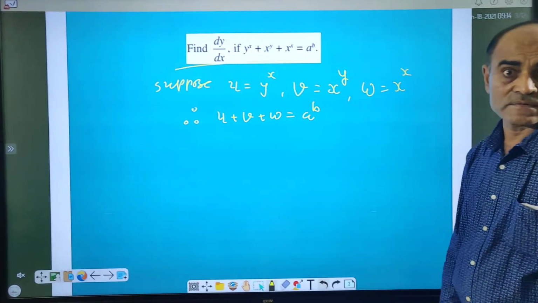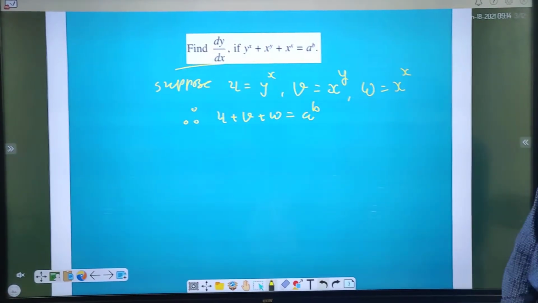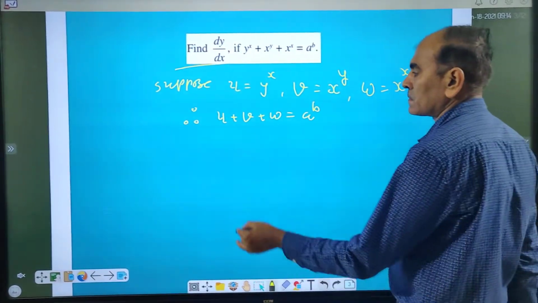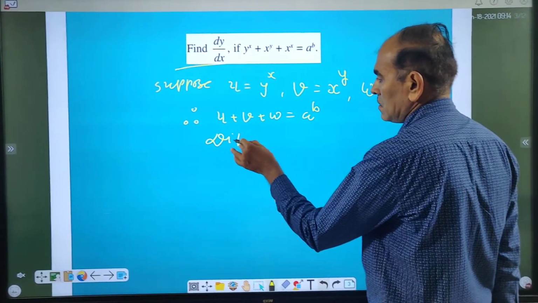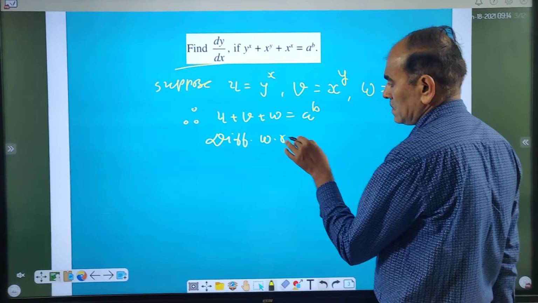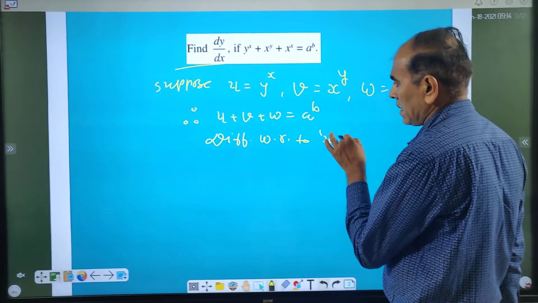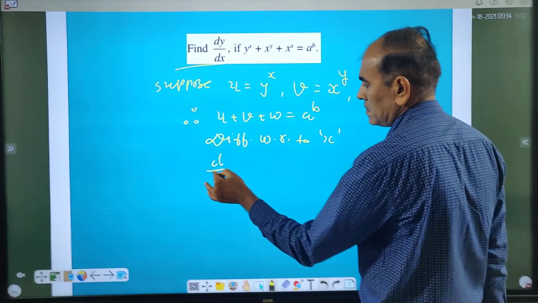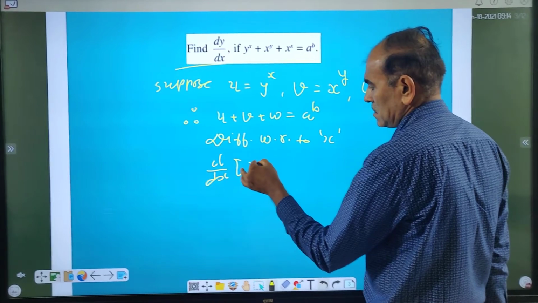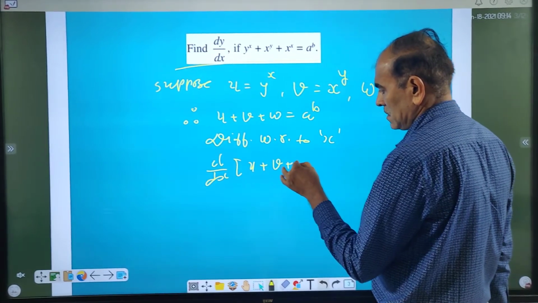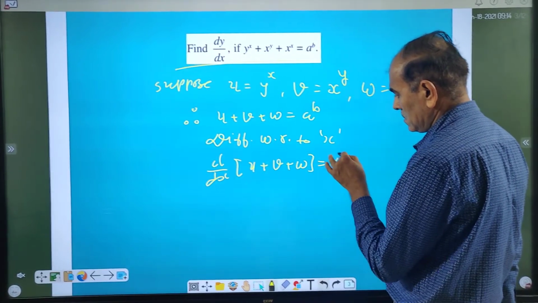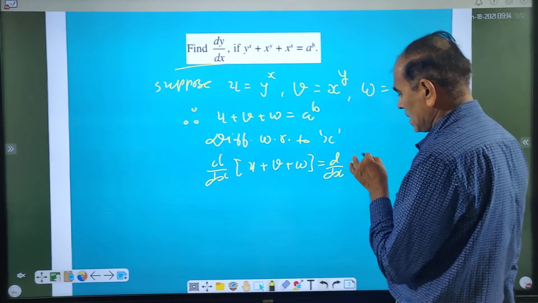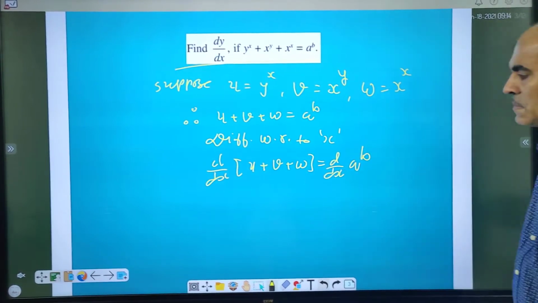One question arises: why are we not supposing a raised to b? Because a raised to b is a constant term. So now differentiate with respect to x on both sides. d by dx of u plus v plus w is equal to d by dx of a raised to b.